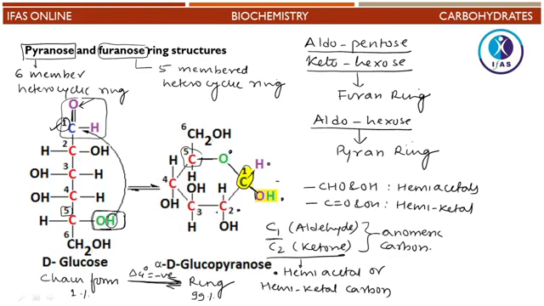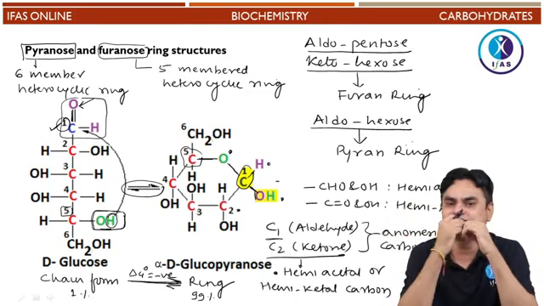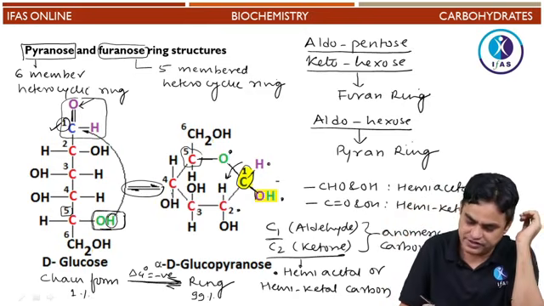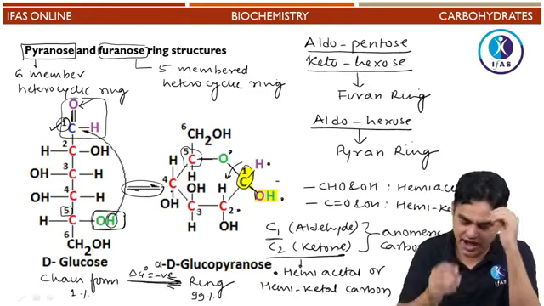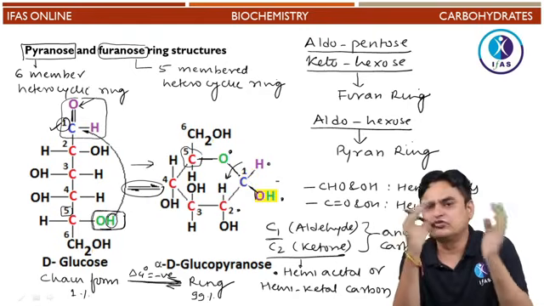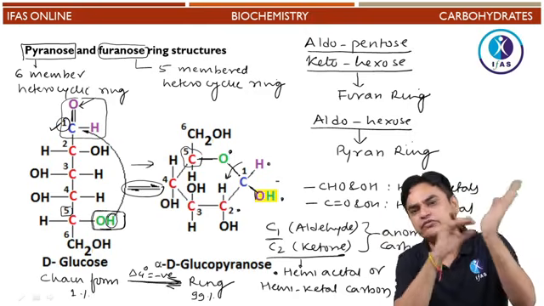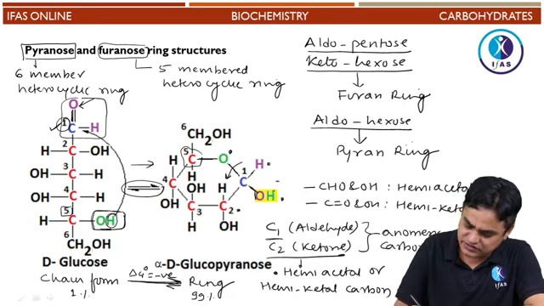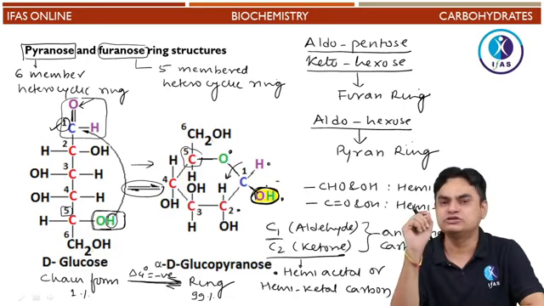Since I have said that this ring form could convert back into a chain form, if ring form is, let's say, more than 99%, it could be converted back into chain form. It means this bond will break, so that again a chain form could be formed, and chain form could convert back into a ring form. Whenever a chain form gets into ring form or ring form converts to chain form, it is not always the case that the OH group would be down the plane.